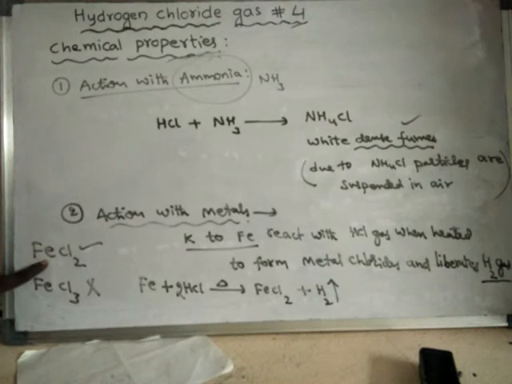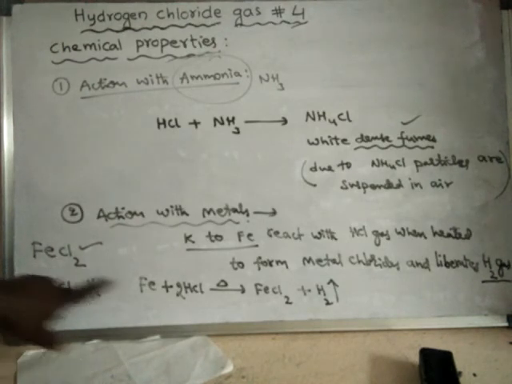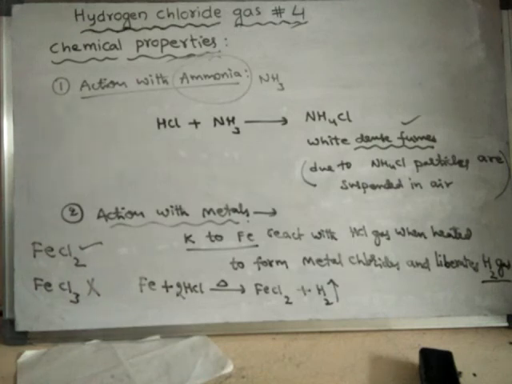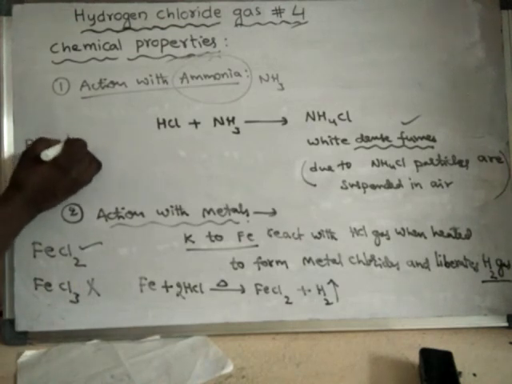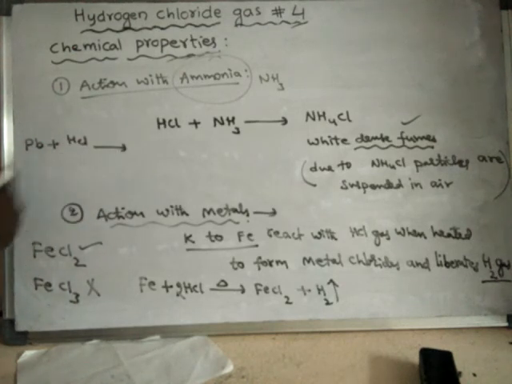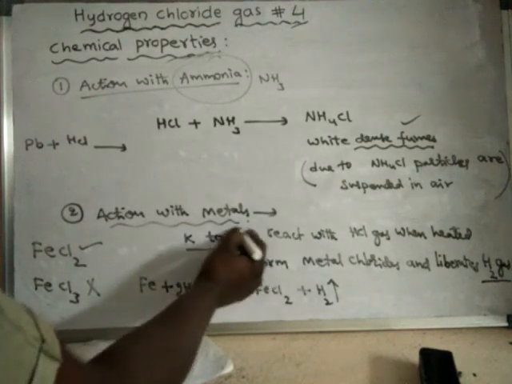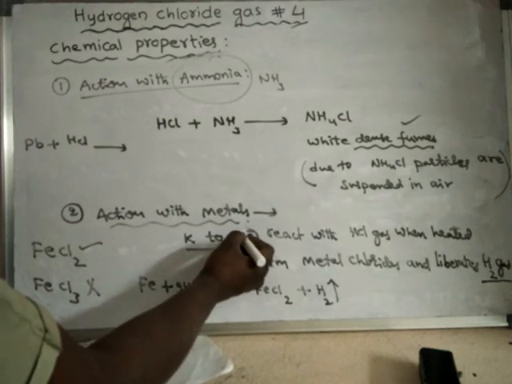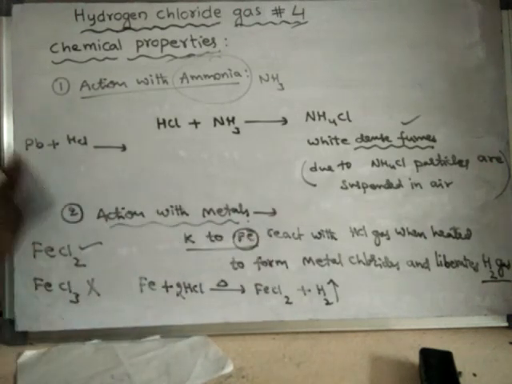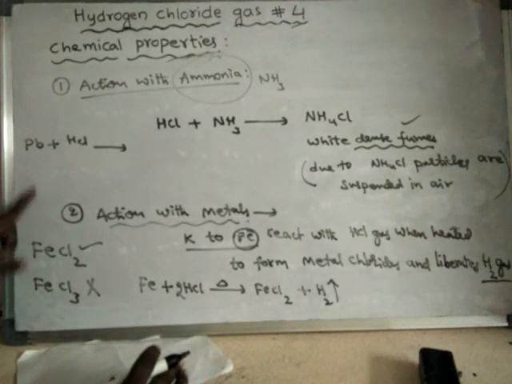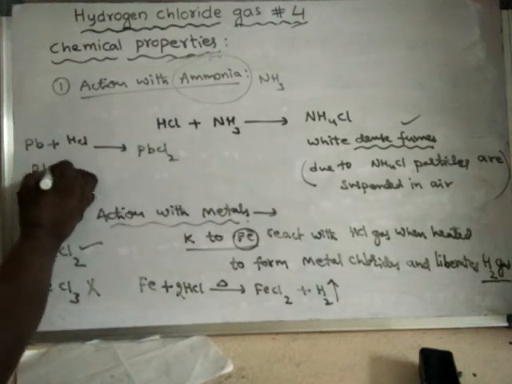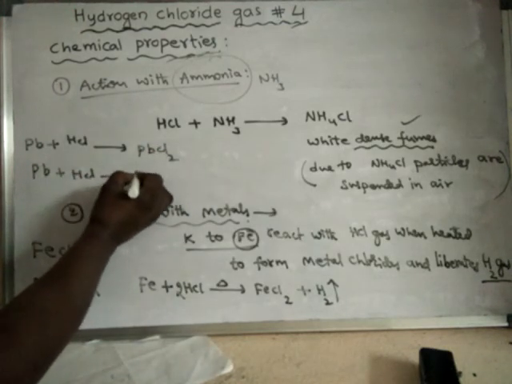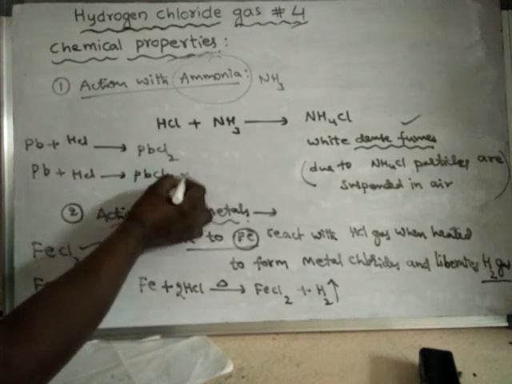For example, with another metal like lead and HCl, it would form lead chloride, PbCl2, and PbCl4 is not formed.